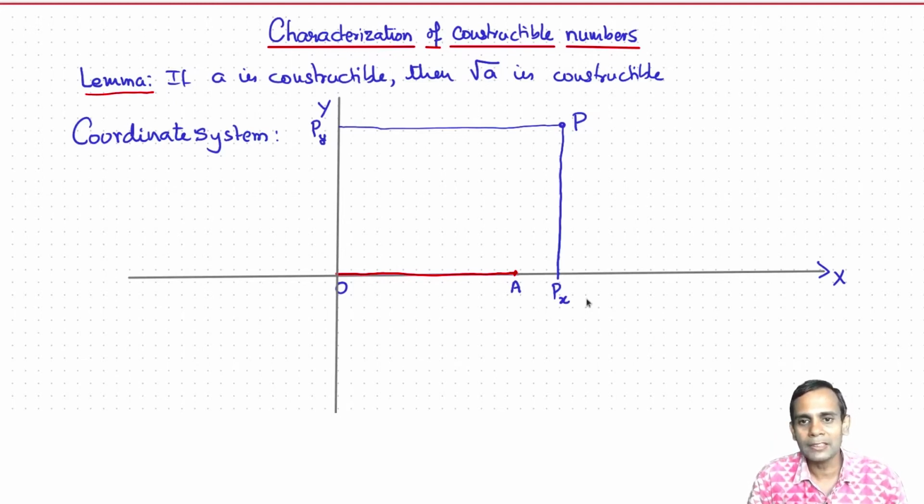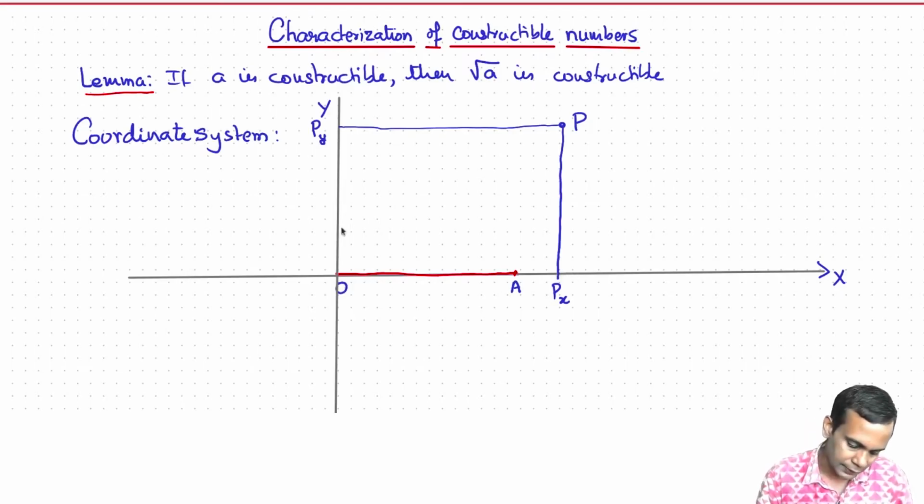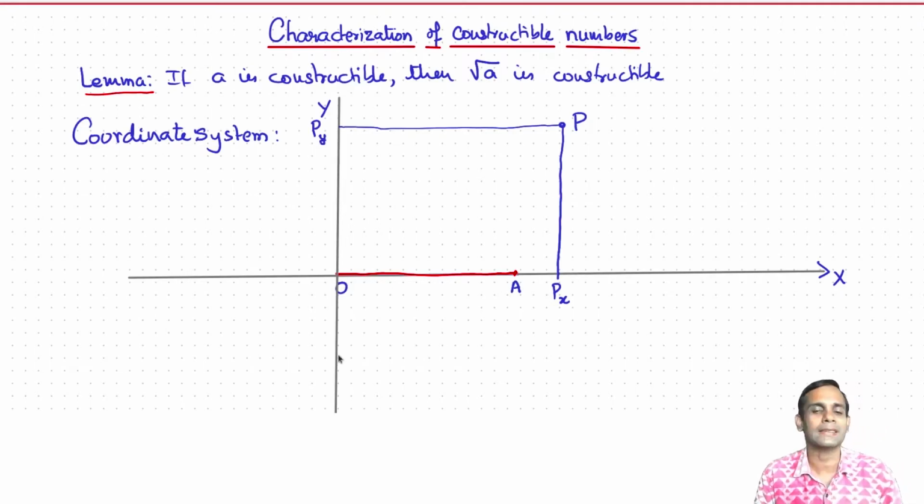And if we can construct a point P, then by dropping perpendiculars, we can construct the x-coordinate and the y-coordinate of P. So we can mark off a distance equal to the x-coordinate of P and a distance equal to the y-coordinate of P along the x and y axes respectively.